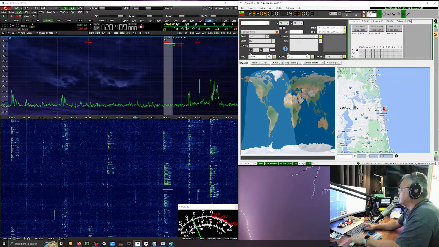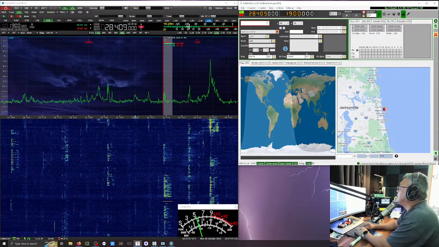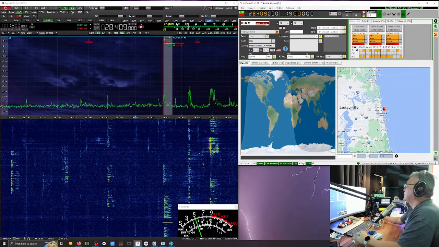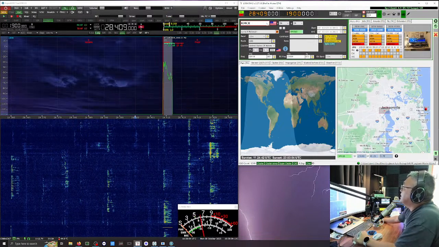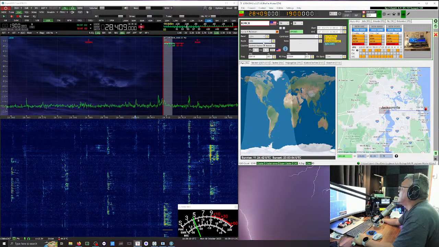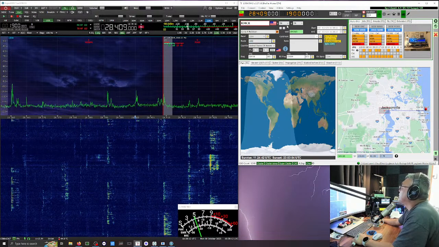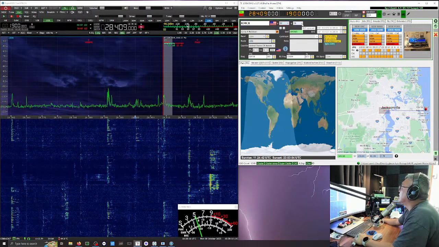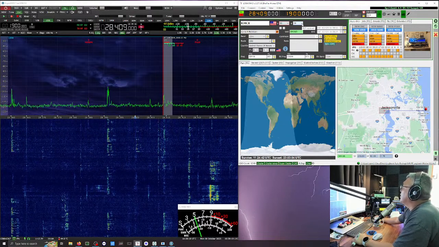Kilo Juliet 4 Charlie X-ray, QRP. Okay, Kilo Juliet 4 Charlie X-ray QRP. Is that correct, Curtis? Over. That is correct. Running 5 watts into a ground-mounted vertical here in Jacksonville, Florida.